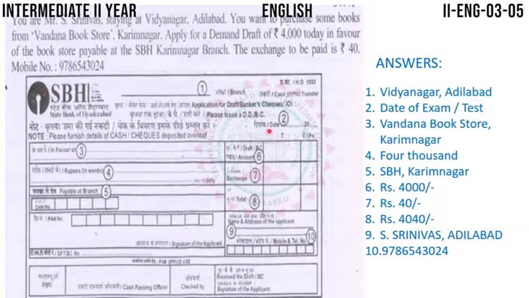Next, on which date you are taking? Your date is not mentioned, today means whenever you go to that bank, or maybe the date of the examination or test, right? Next, you have to take this in favor of whom? In favor of Vandana Bookstore, Karimnagar. So that is to be written in the third column, Vandana Bookstore, Karimnagar.